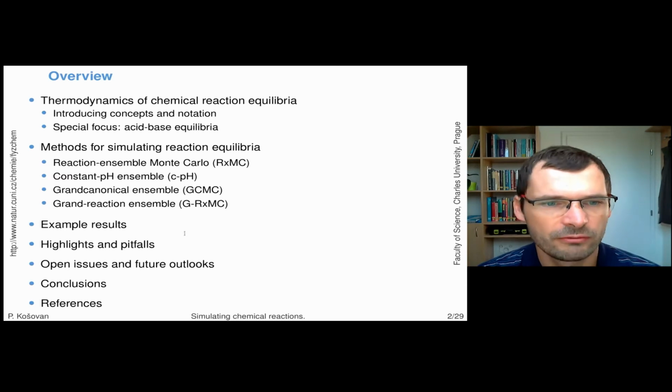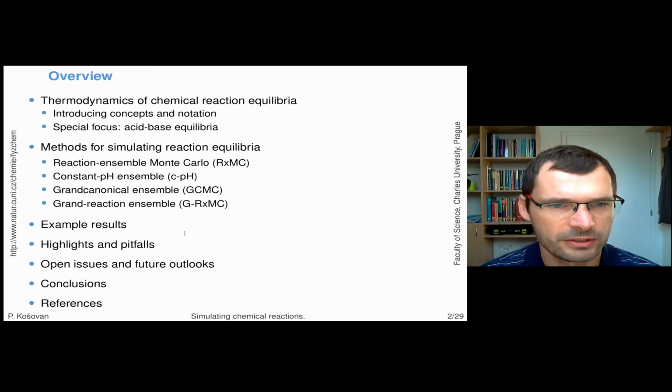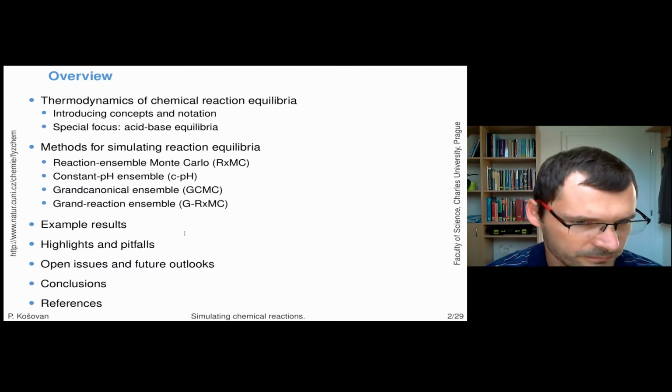I will give an overview of the simulation methods, the algorithms that we have available in ESPResSo for simulating such reaction equilibria. These include the reaction ensemble Monte Carlo, the constant pH ensemble, the grand canonical ensemble, and the grand reaction ensemble.